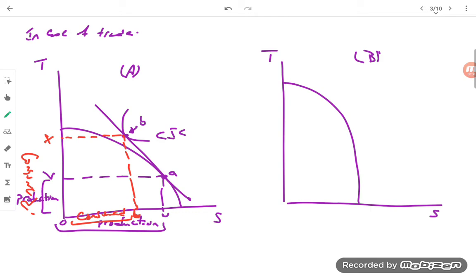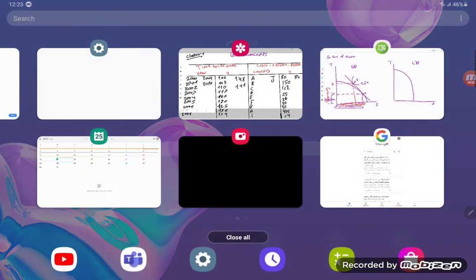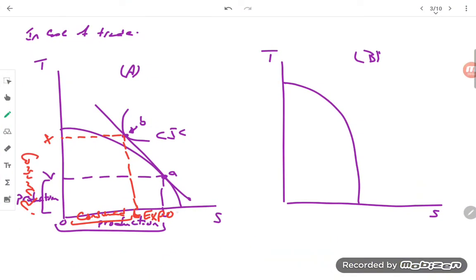So this means that country A produces OU of soybeans and consumes OL of soybeans. So LU is a surplus, or excess supply, of soybeans in country A, so country A can export this area.